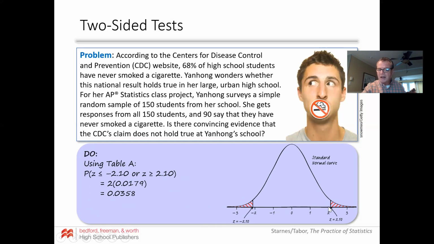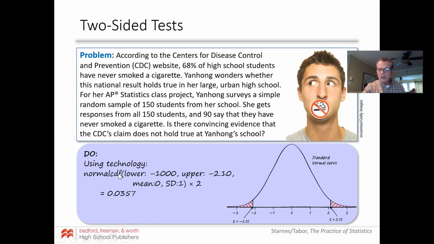See this red shaded area? That's 0.0179. But the calculator is going to double it for you because you picked a two-tailed test. And you compare this number to 5%. It's lower than 5%. You are in the tail, so you reject the null.